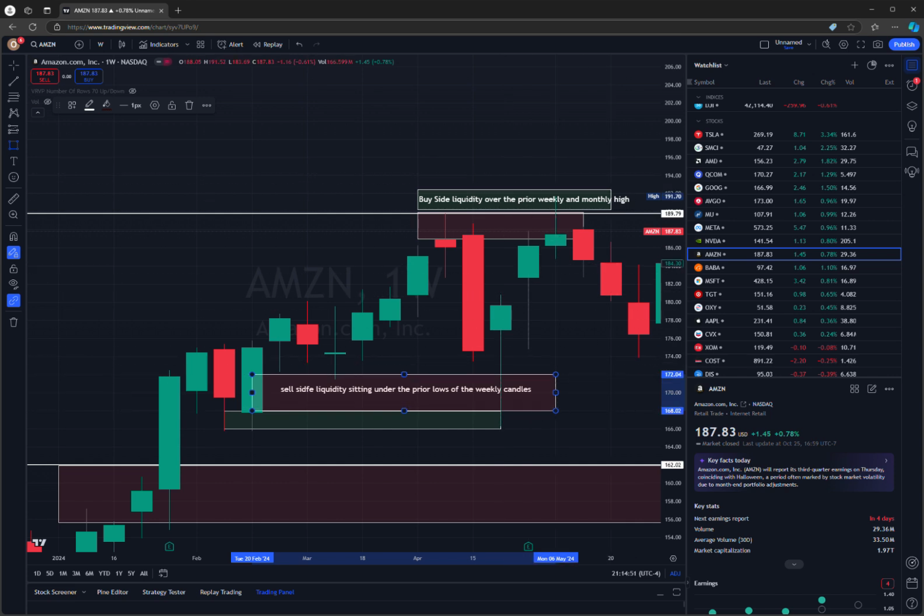Just now tying it all back to Ital's original question, which is picking time and strike on the swings, and also, but more importantly, where to enter and defining those ranges.